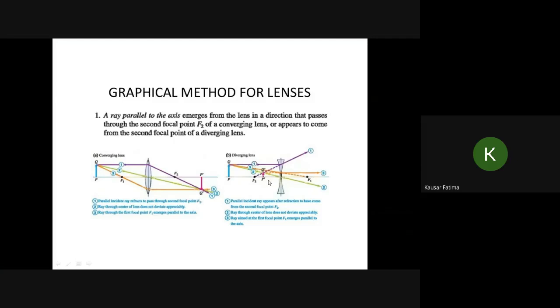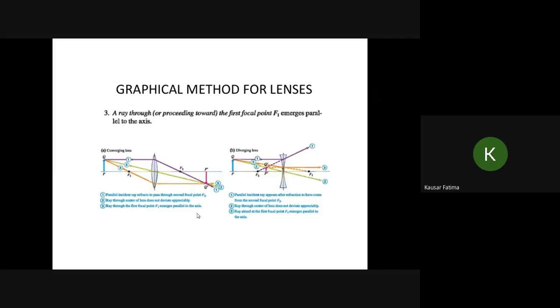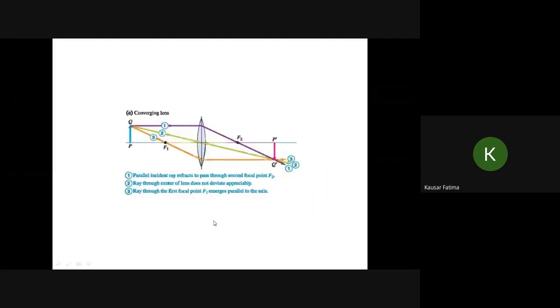The concave lens always forms a virtual image. Here again it's about the rays. The third ray that is coming towards the first focal point emerges parallel to the principal axis. I have already explained it in detail. Let us see the concave lens.